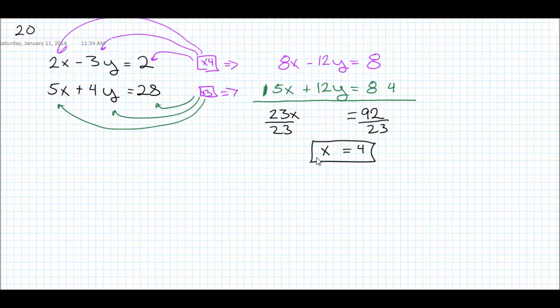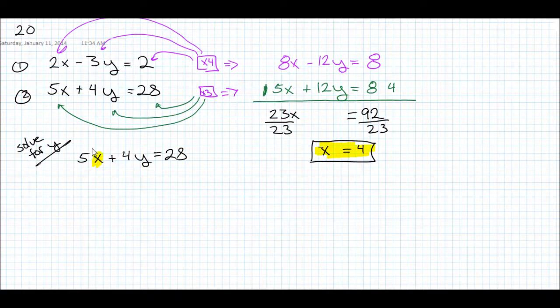Okay, now we can plug back into one of the original equations. I'm going to use equation 2 just because it's already a positive number, so I'm going to rewrite it. 5x plus 4y equals 28. What we're doing over here again is we're solving for y. Plug in our x value. So we knew x is equal to 4.